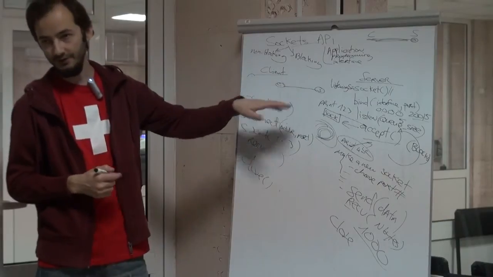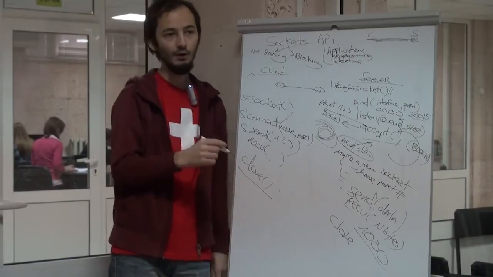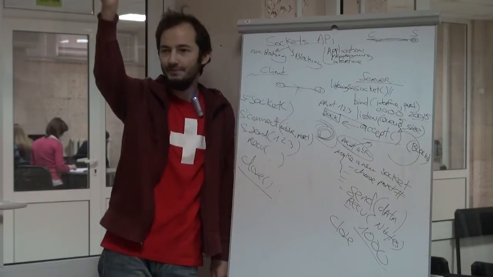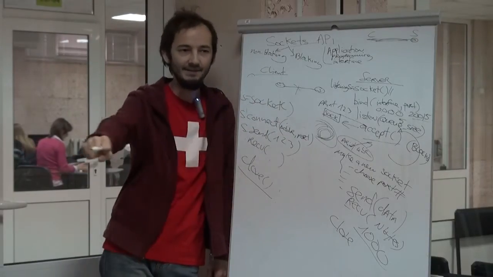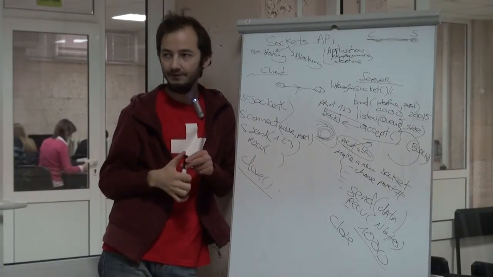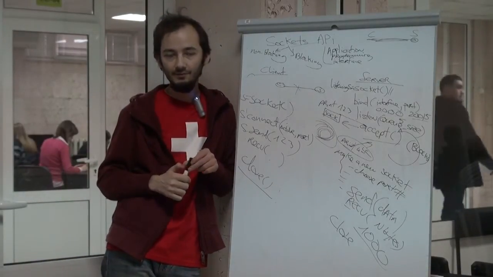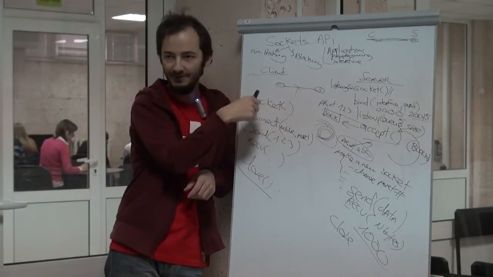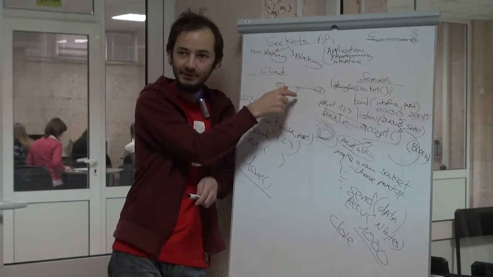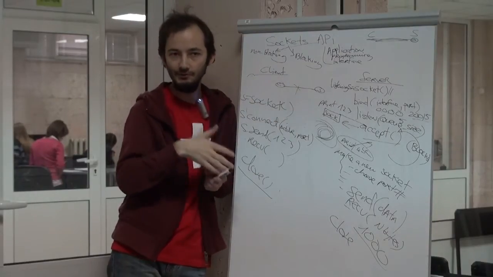If it's a TCP connection, it will stay alive indefinitely until someone calls close, or until someone turns off the power supply or disconnects the network cable, etc. So unless anything wrong happens, or a keyboard interrupt, or someone kills the process, for example, unless there is some external factor that wants to explicitly kill this connection, it will stay alive until one of the peers decides to close it.